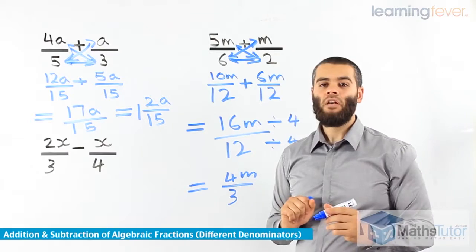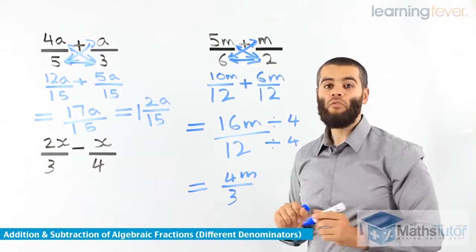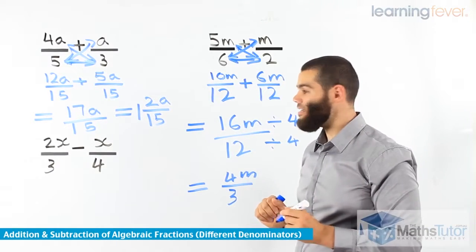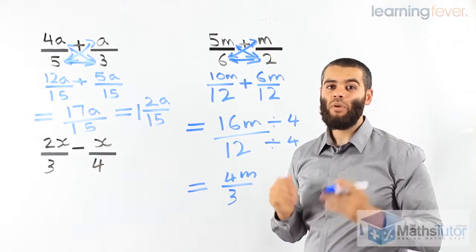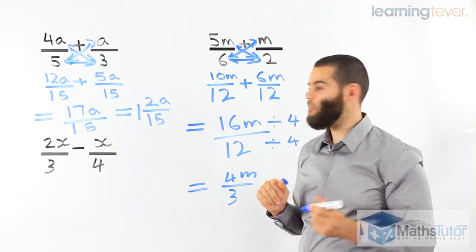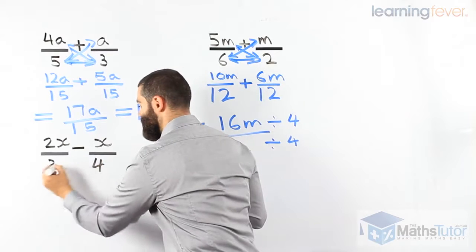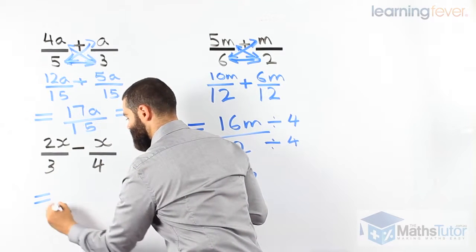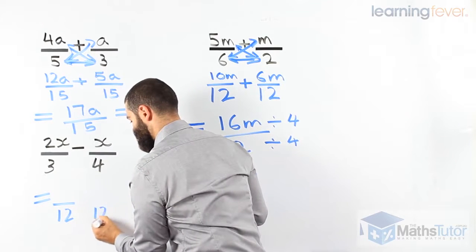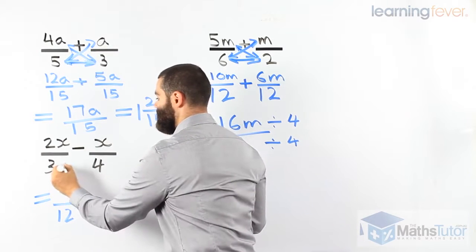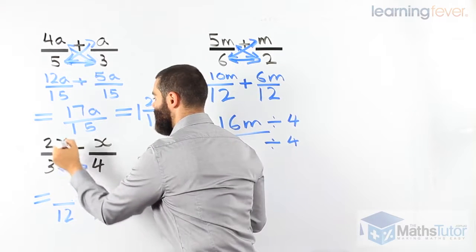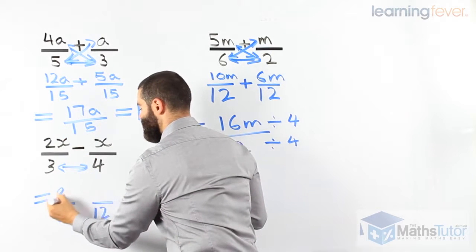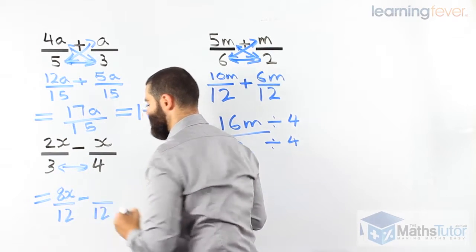2x over 3 minus x over 4. Again, the denominators are different. We can't subtract. We have to make the denominators the same. 3 times 4 is 12. Then we multiply this way: 2x times 4 is 8x. Put our minus.